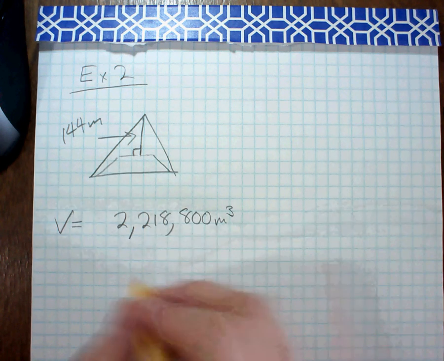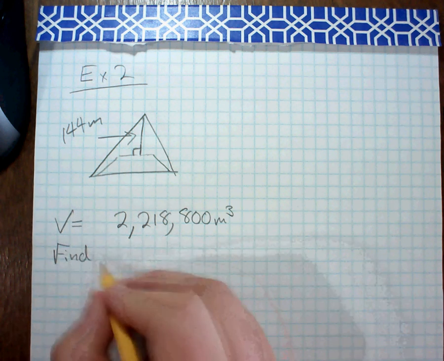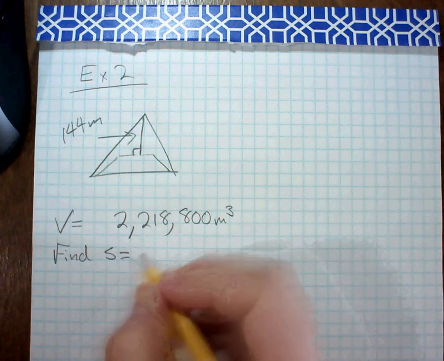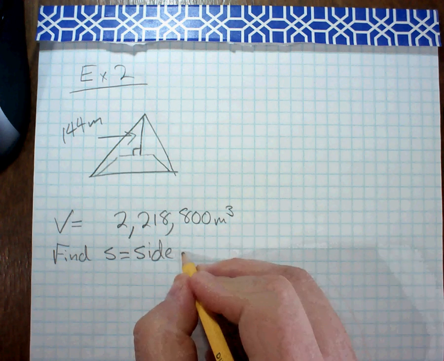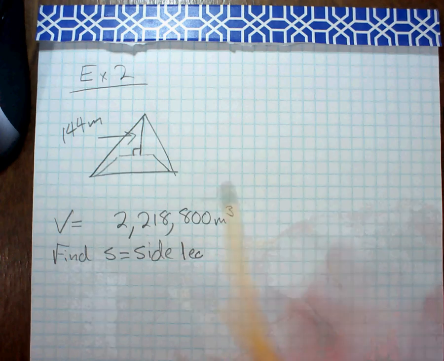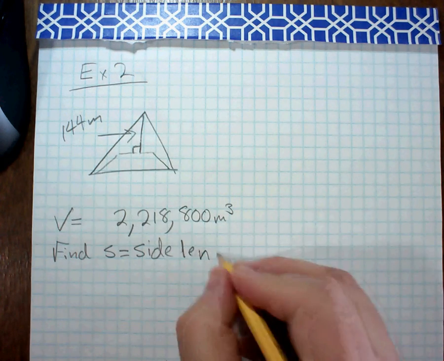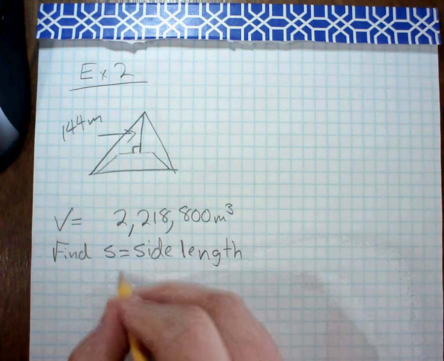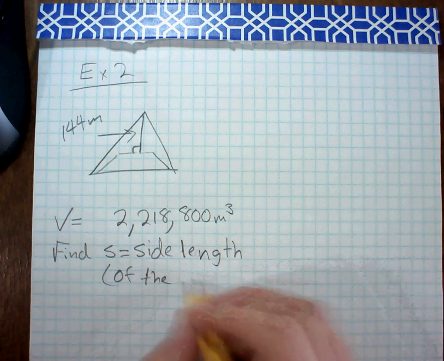And then we're asked to find the side length S of the square base.